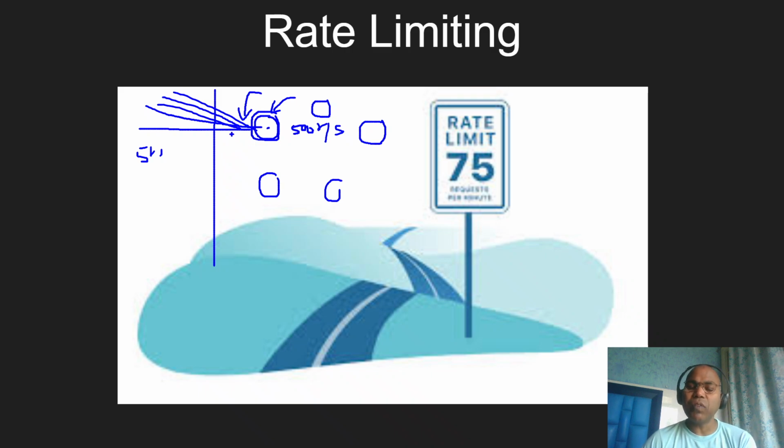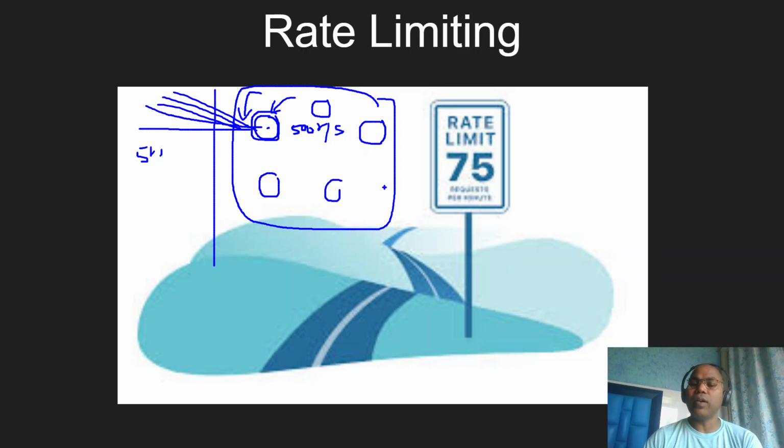The system is going to be very slow, maybe not responsive at all. So as system design engineers, it is our responsibility to define proper capacity, the rate at which my system performs well.